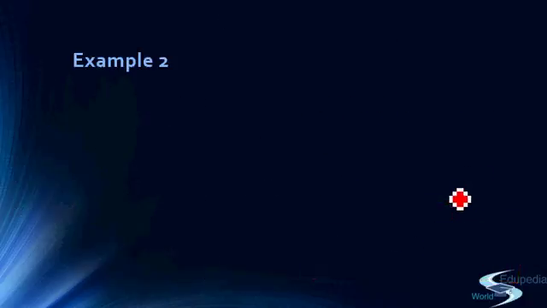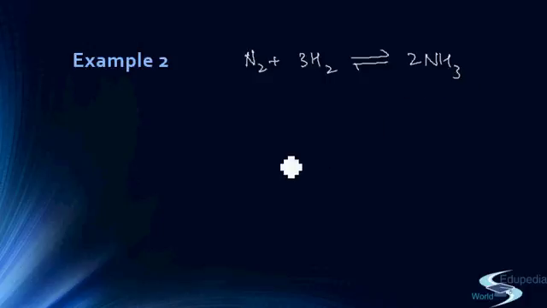So let's say you have the same question, N2 plus 3H2 gives 2NH3. Here again, at T equal to 0, A moles of N2 and B moles of H2 are given to me and 0 moles of ammonia.